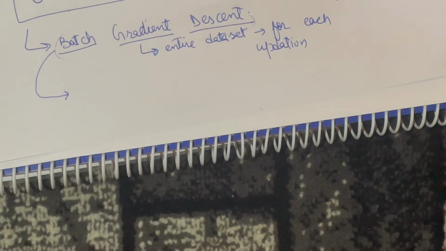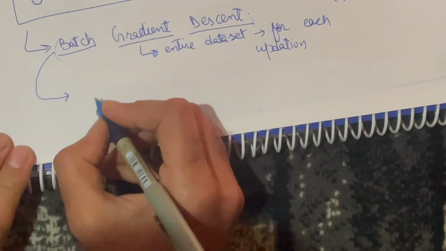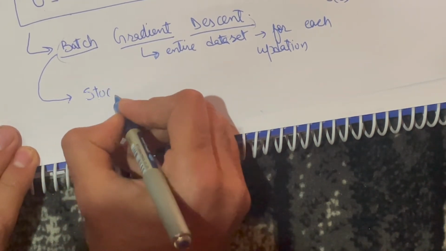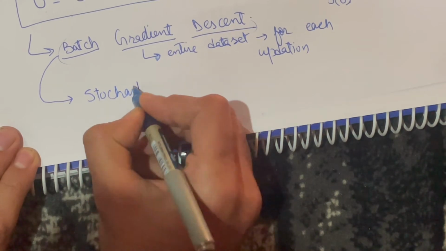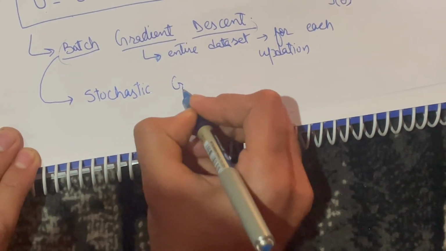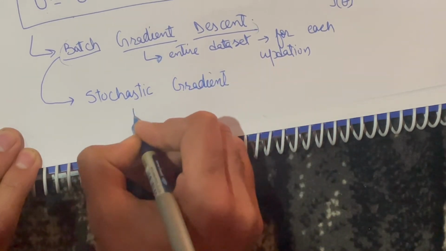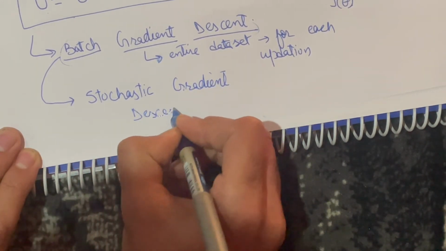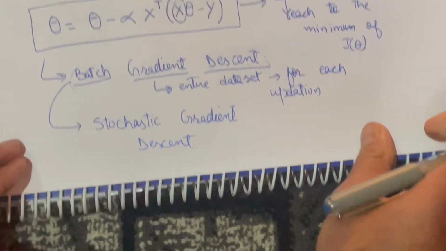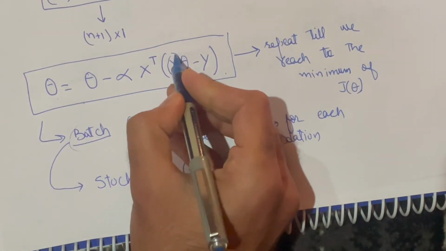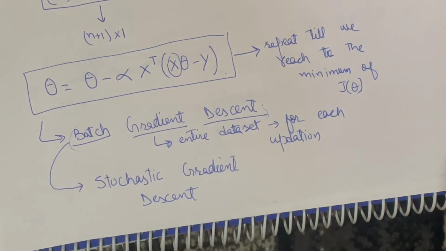Now there are other gradient descent algorithms as well. For example, there is another one that is called stochastic gradient descent. So what was batch gradient descent doing? It was doing the updates, but for every update it was using the entire data set.